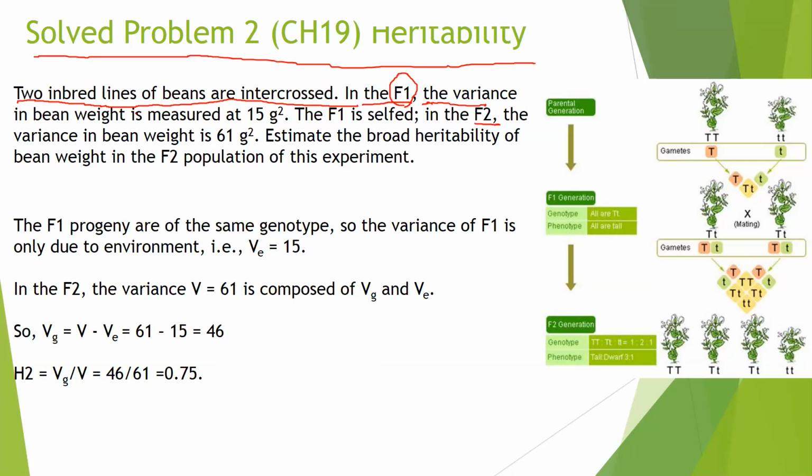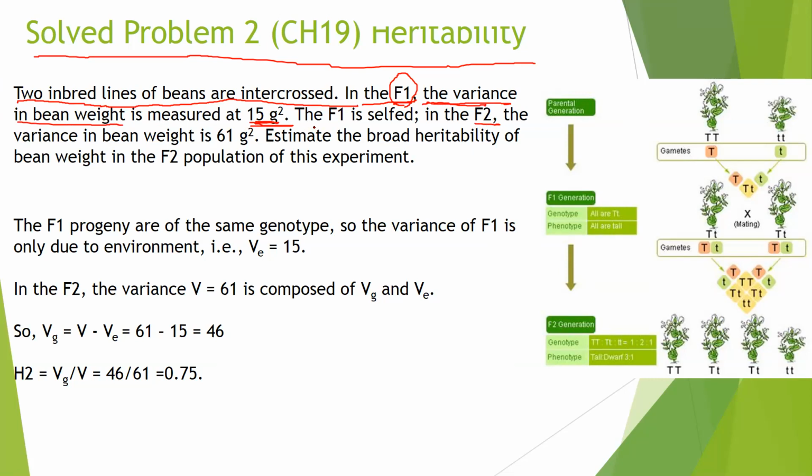The two pure line parents are crossed to generate the F1 population. When we calculate the variance of the bean weight, this variance equals this. This is the variance for the F1 population.